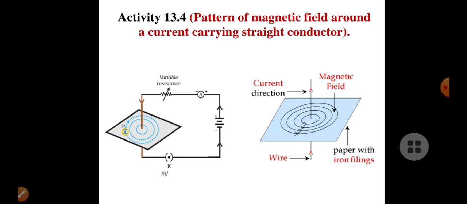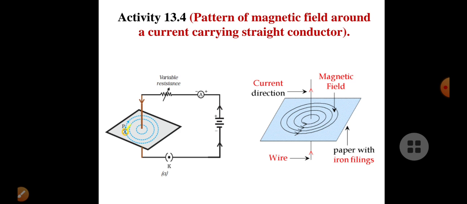You can see this in another figure also. This is a straight wire. If we complete this circuit, this connection, then such concentric circles will be obtained. Now you can see here is an arrow which shows the direction of current. And in this figure the arrow is in another direction.